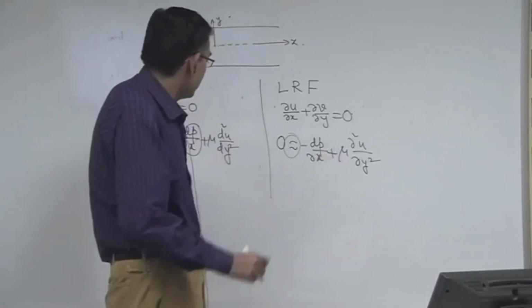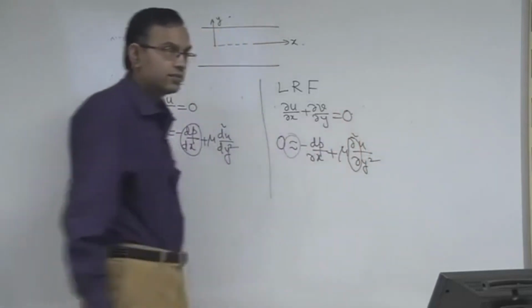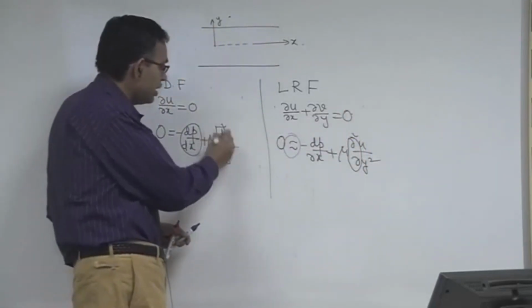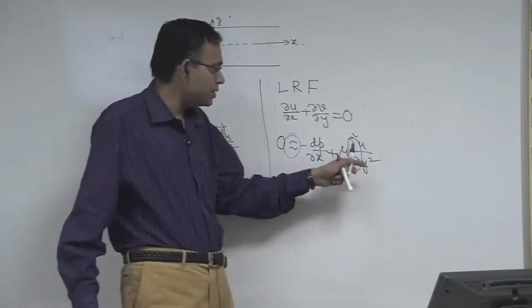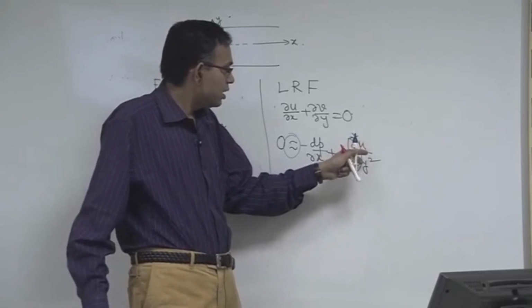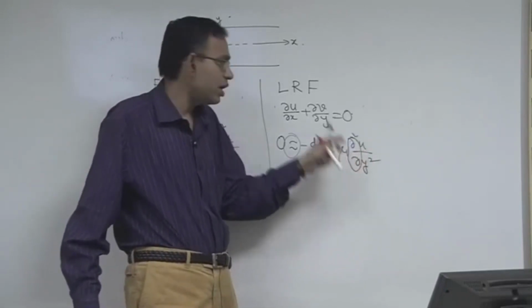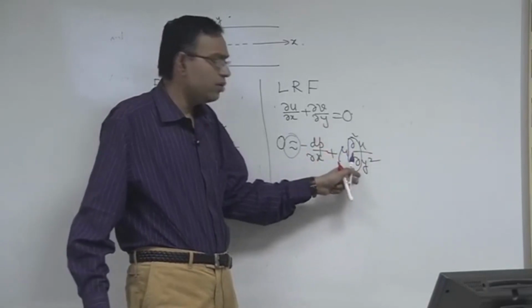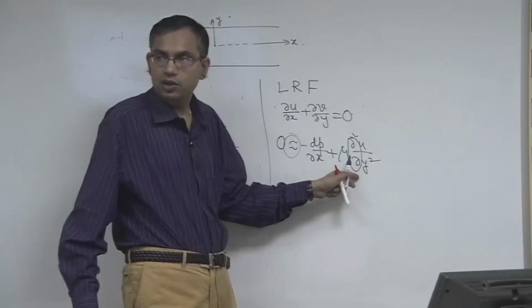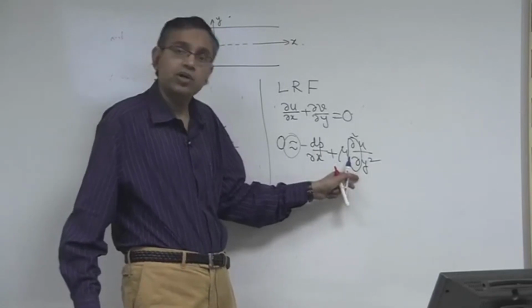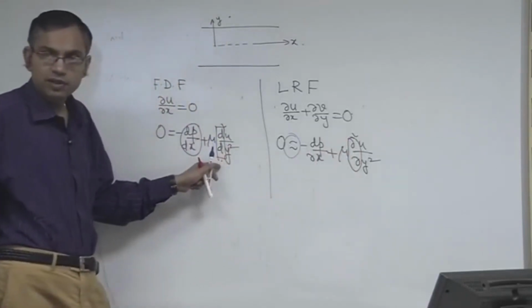Finally, here you can see that these are partial derivatives, whereas this is an ordinary derivative. Why are these partial derivatives? Because now u is a function of both x and y, because del u del x is not identically equal to 0. So this is a partial derivative, whereas this is an ordinary derivative.